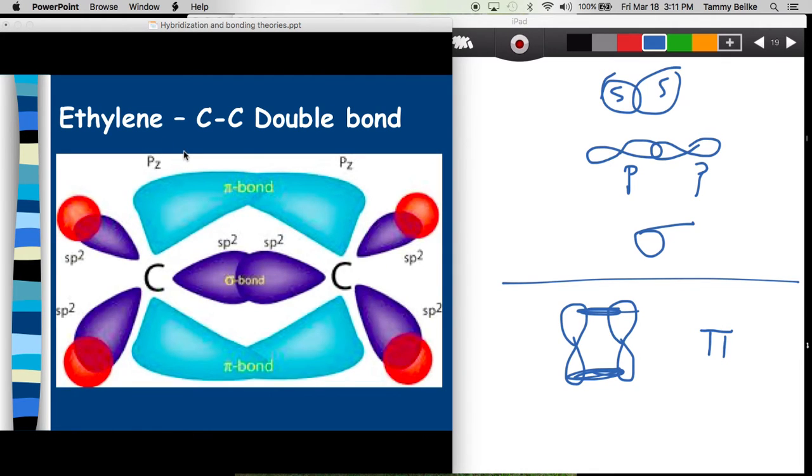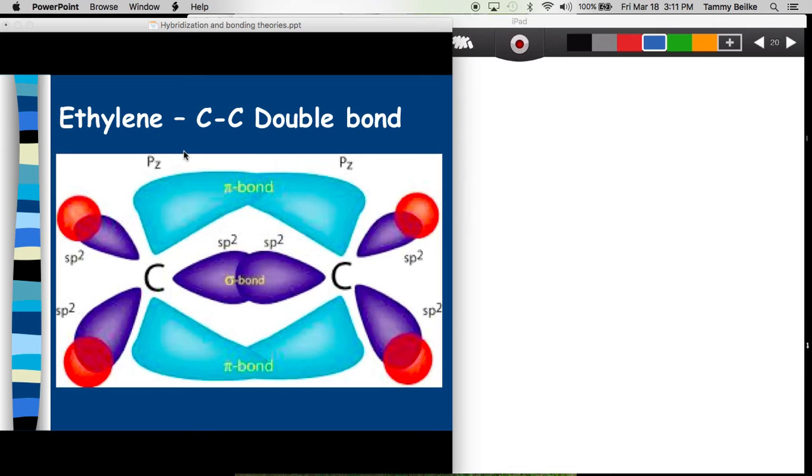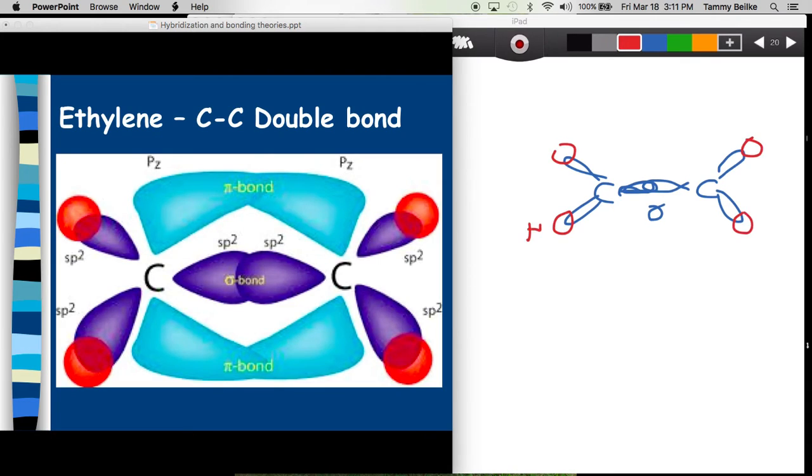So for ethylene, ethylene is a molecule that has a double bond. What it ends up doing is the carbon will have the sigma overlap, and then it'll have its other 2 hybrid orbitals. Okay, it's going to then bond with the hydrogens like this.